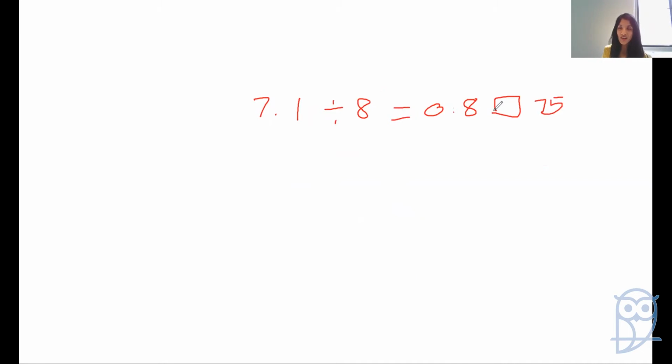If you have your calculator with you, if you go 7.1 divided by 8, you would know that the missing digit is 8. So some of the questions are reasonably straightforward and easy, but guys, just watch, because it's in the easy and straightforward questions that you can sometimes get quite tripped up.